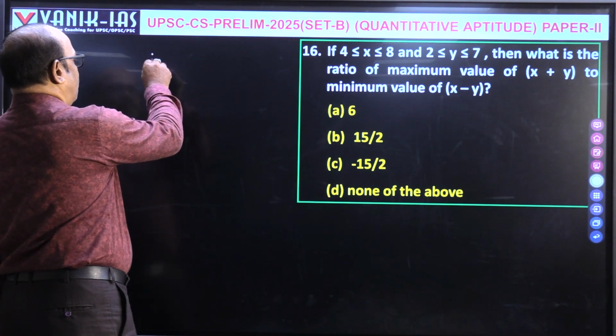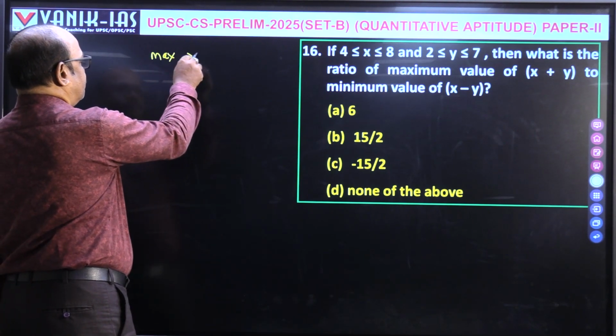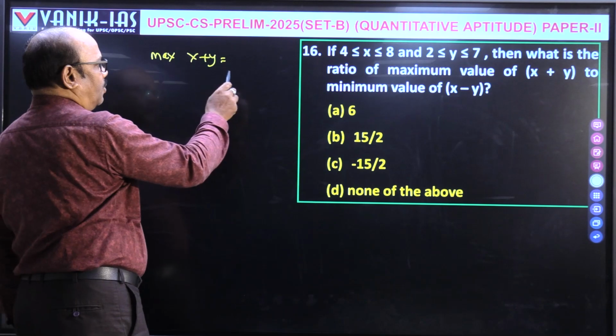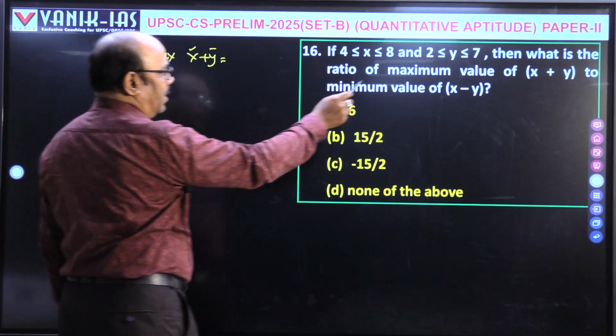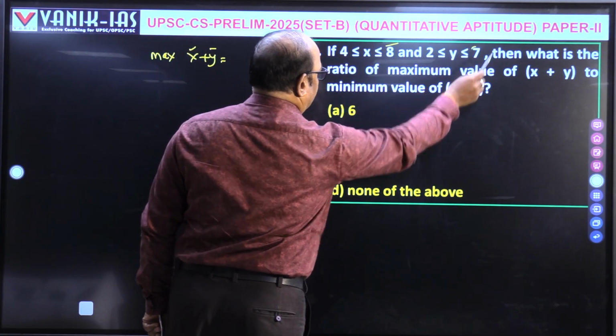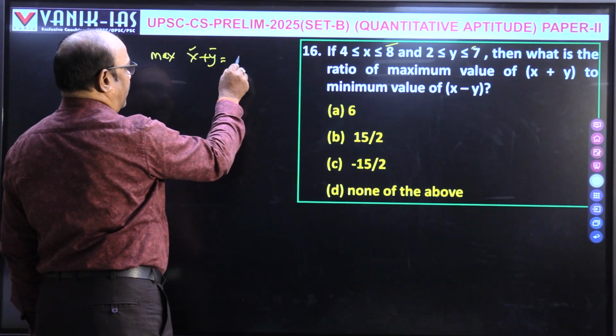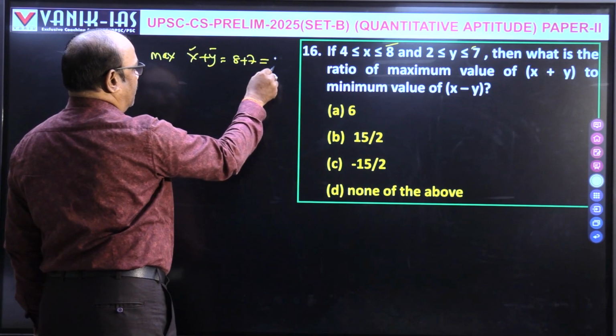The maximum value of x plus y is equal to the maximum value of x plus the maximum value of y. So the maximum value of x is 8 and of y is 7. So 8 plus 7 becomes 15.